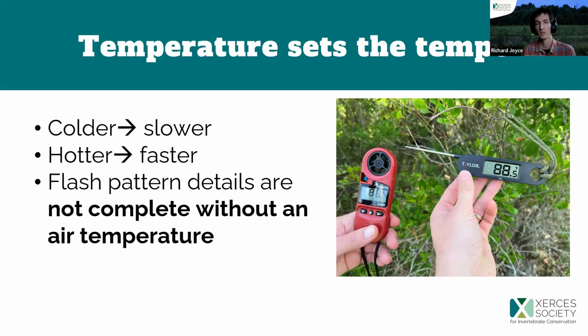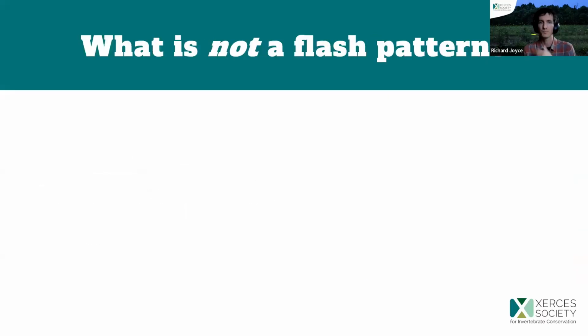And you can get this air temperature from a thermometer of really any kind. I know plenty of people who just use cheap cooking thermometers from the grocery store. You could use something fancier like a Kestrel weather meter. And it's less ideal, but a weather app or a weather website is a whole lot better than just not having any temperature data at all.